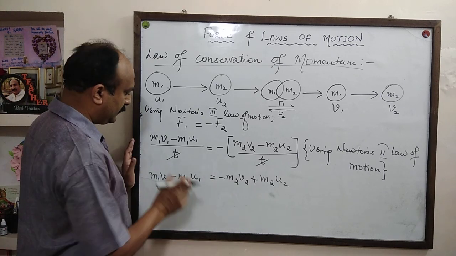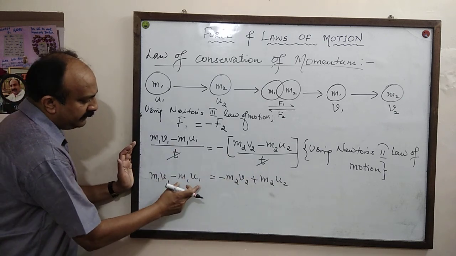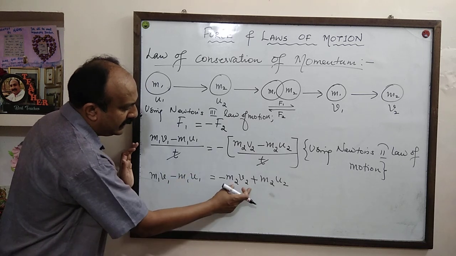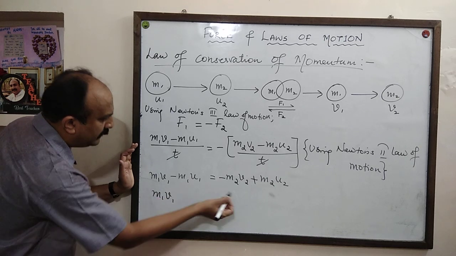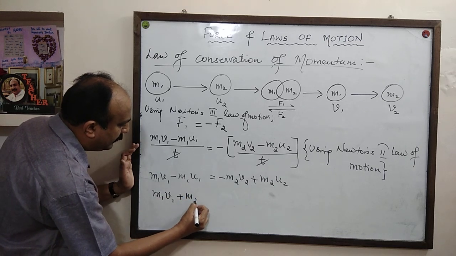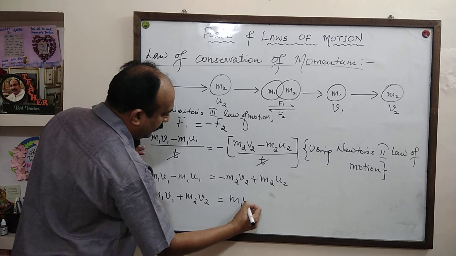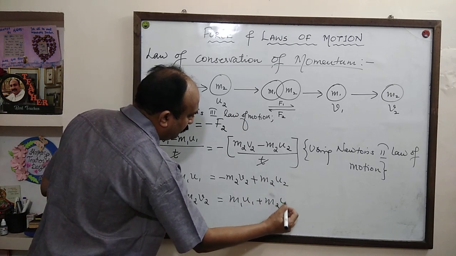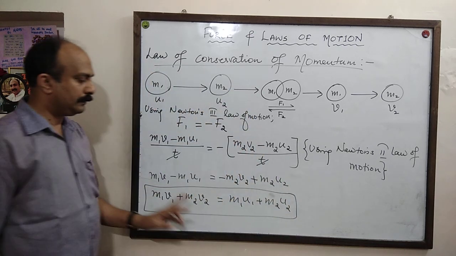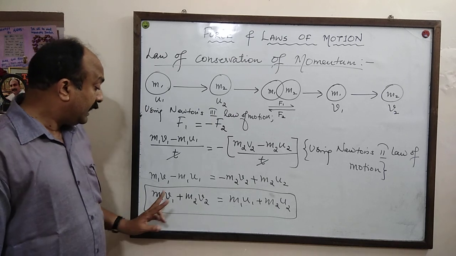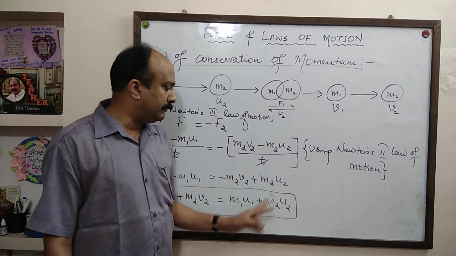Now I am keeping u1 and u2 on one side, v1 and v2 on another side. Shifting this m1 u1 to RHS, and I am taking this m2 v2 to LHS. So we have already m1 v1 here. Minus m2 v2 will become plus m2 v2. I am shifting this to RHS, so it will become m1 u1 plus m2 u2. Please see this. We got m1 v1 plus m2 v2 is equal to m1 u1 plus m2 u2.